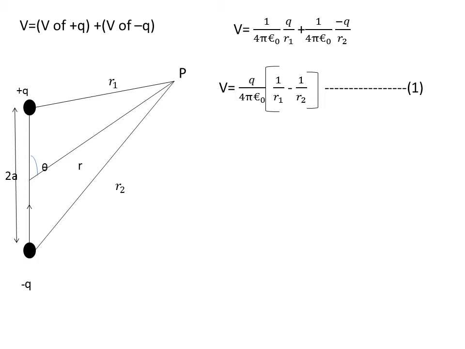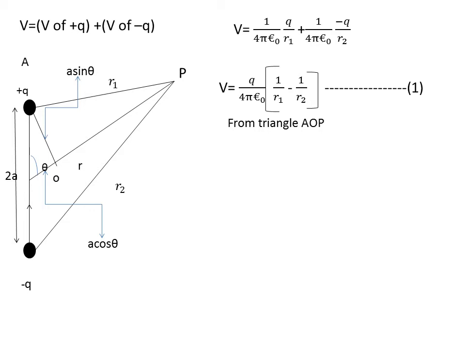For that, we are going to draw a perpendicular from plus q to r. So we have a small right angle triangle here. Now we will get the length of the perpendicular as a sin theta and length of the base as a cos theta. Now we have a big triangle AOP here.